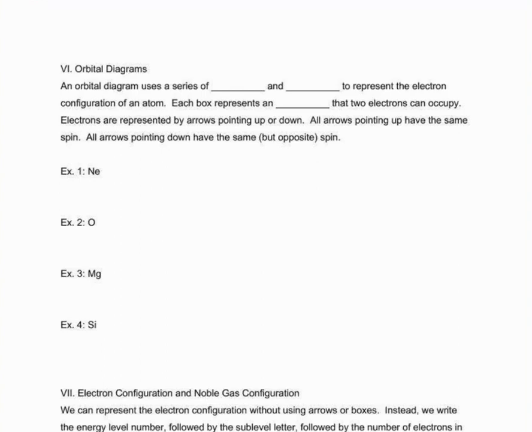An orbital diagram uses a series of boxes and arrows to represent the electron configuration of the atom. Each box represents an orbital that 2 electrons can occupy.